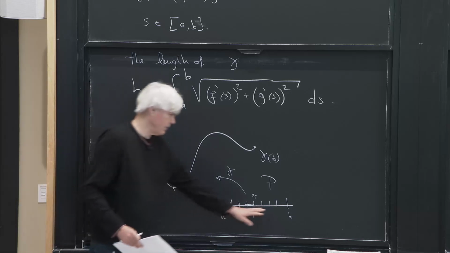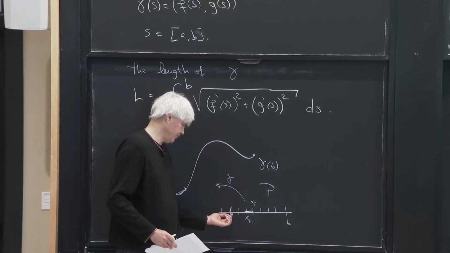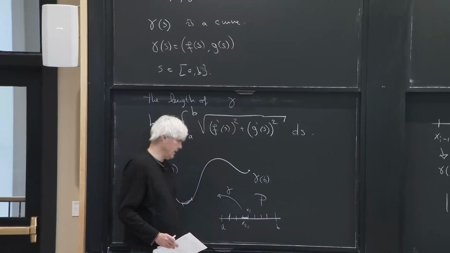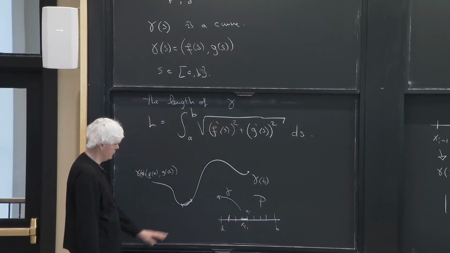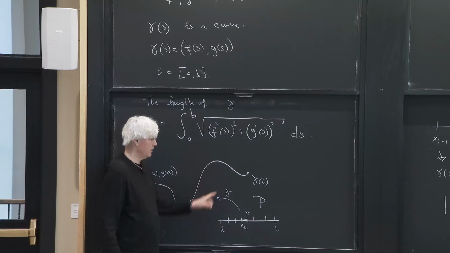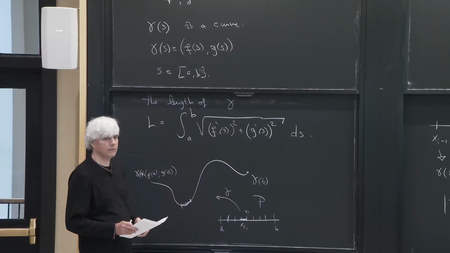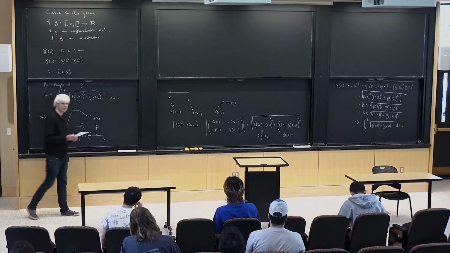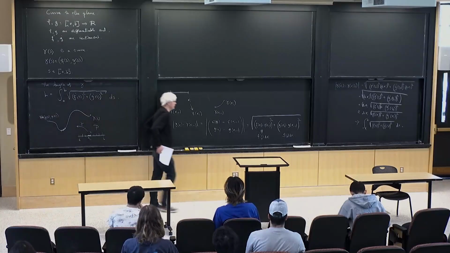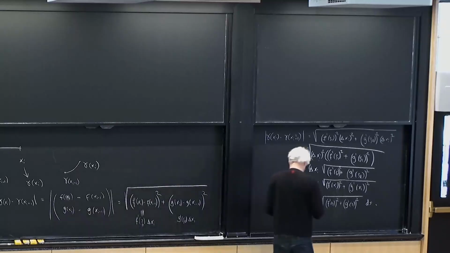Then you let the refinement, the length of the individual intervals, go to 0, and this approximation will have a limit, and that limit is this integral. So that's why we define it to be the arc length. Okay, so that's our arc length.